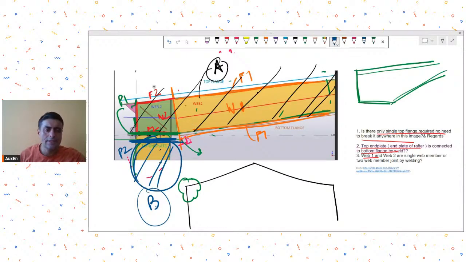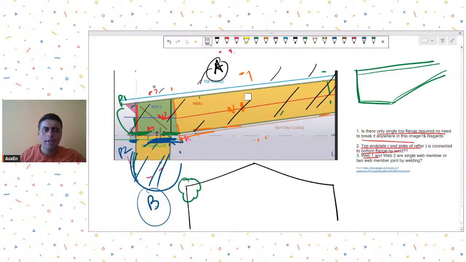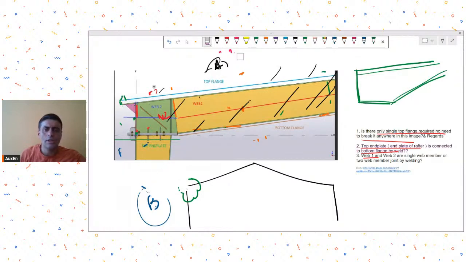So in this case, this is what they have done. Now there are several other alternatives, that depends on the fabrication team and their ease of working. If they have sufficient lengths available, they could also cut this web into one piece, a single web piece created.